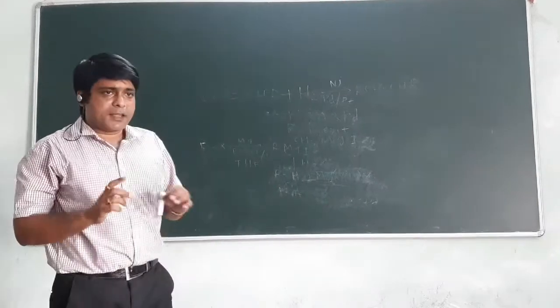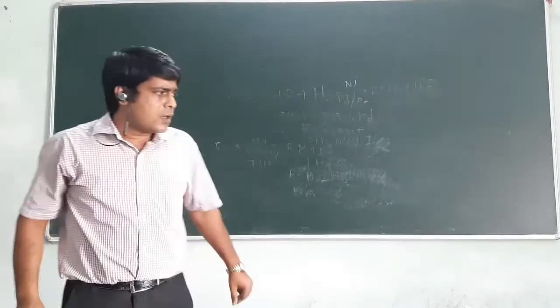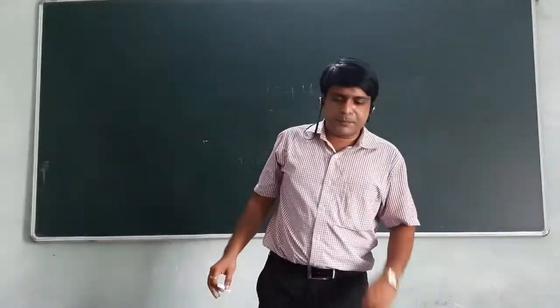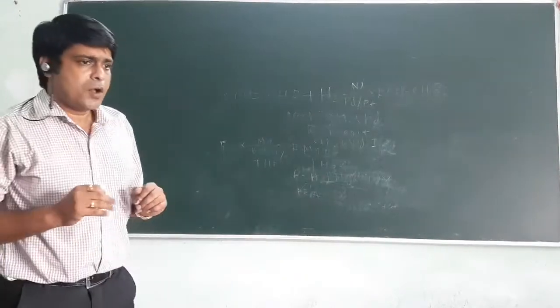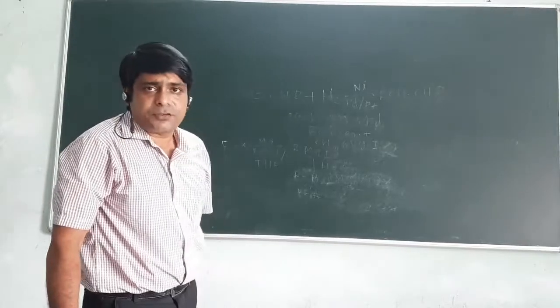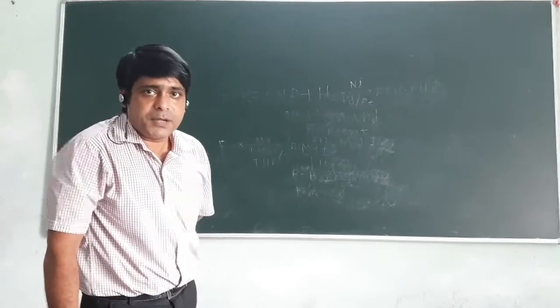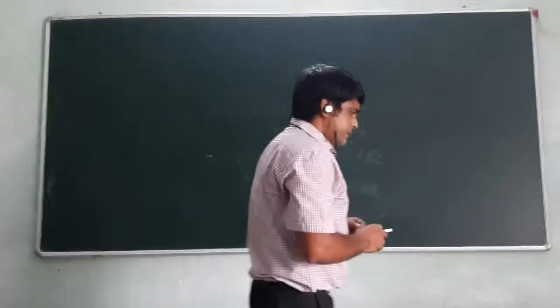Now I am describing the direct method for the alkyl halide. In the direct method there are basically three kinds of method. The first method is reduction by the dissolving method. What is the dissolving method? From the name you can understand that it should be dissolved in some liquid medium.